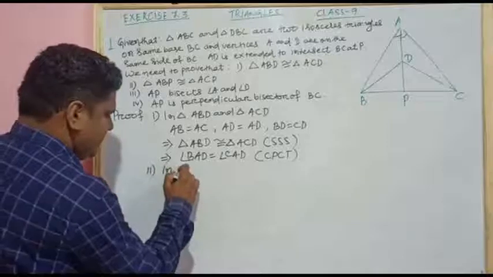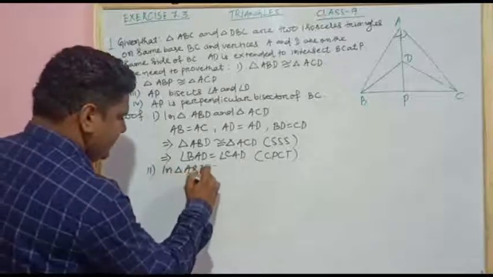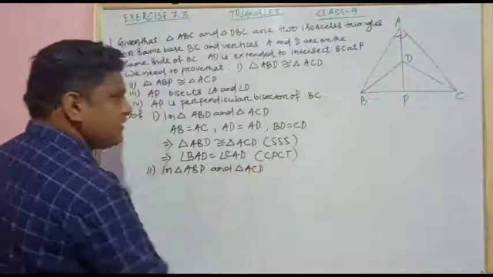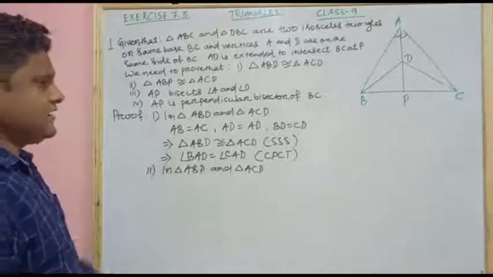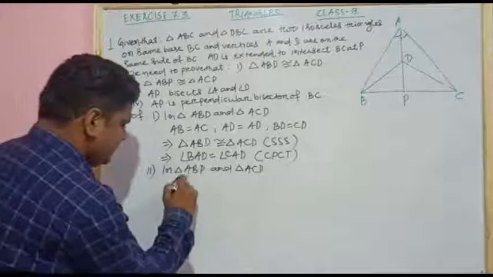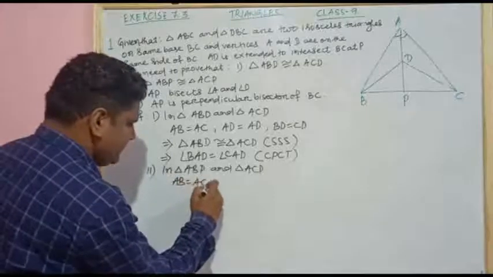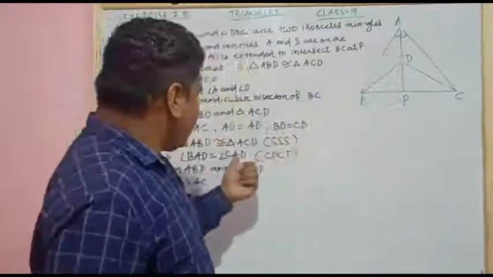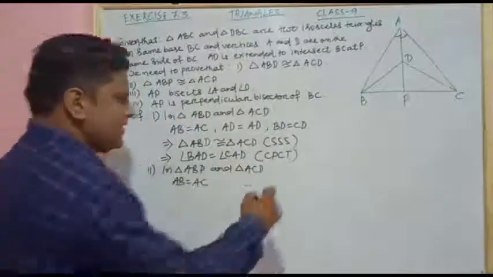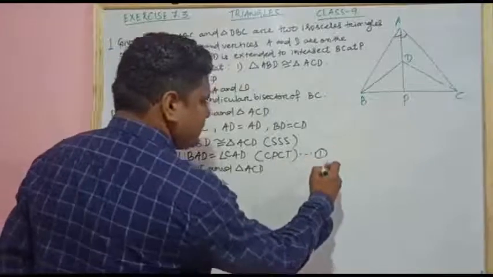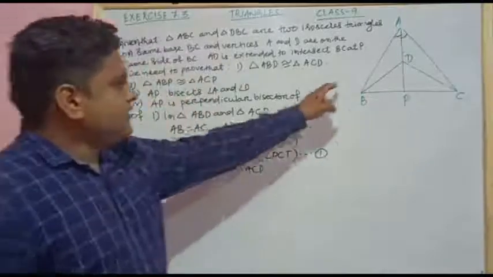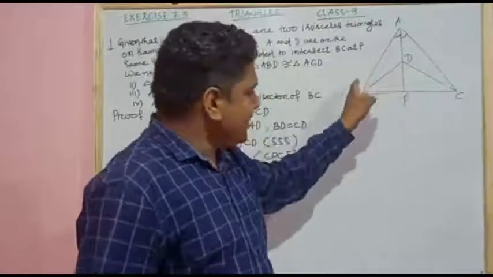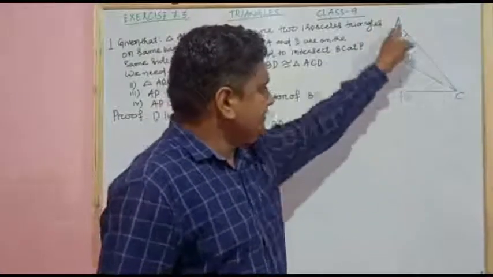In triangle ABP and triangle ACP, AB equal to AC, it is given, and these two angles are equal. We have already proved it in the first bit. Let's say it is equation 1. So we can write BAD and CAD are equal. We have proved it. So we can write BAP equal to CAP.